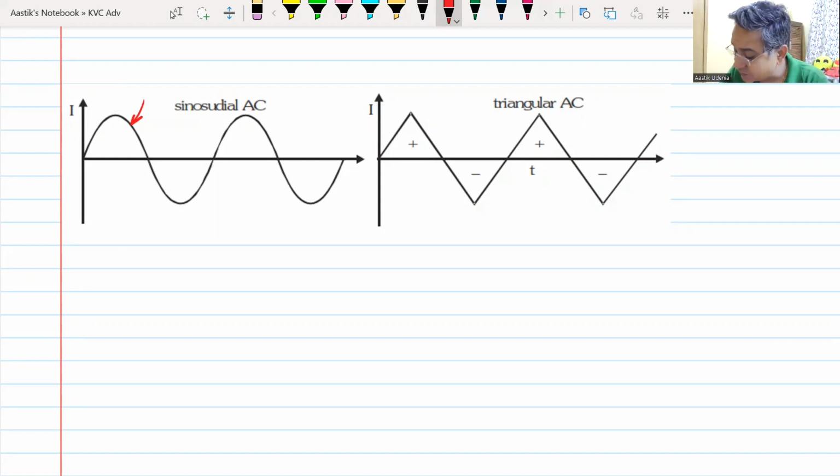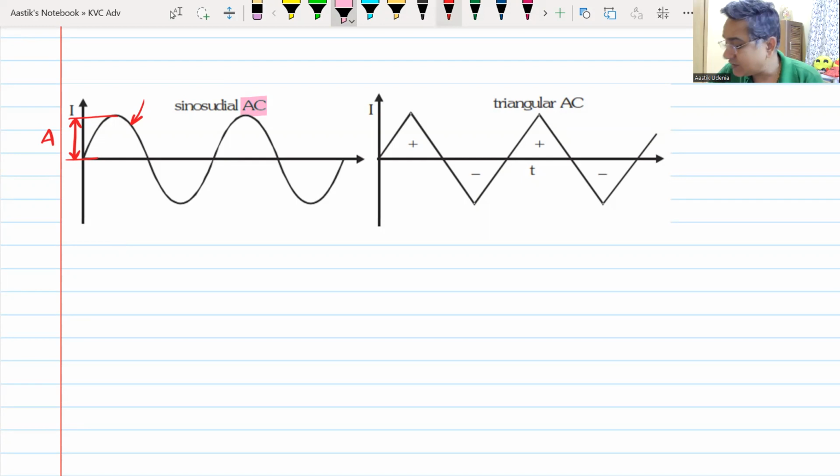Do you understand the amplitude? This is the amplitude of this wave or this current or this voltage. This amplitude is constant and it is changing its direction periodically, and therefore this is an alternating current. It's in the form of a sine wave, and therefore it is known as sinusoidal alternating current.